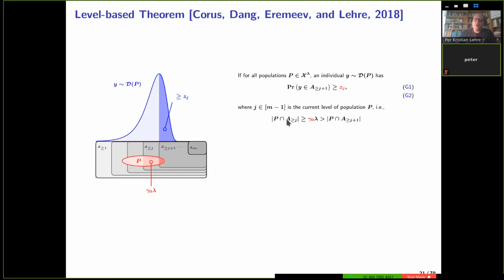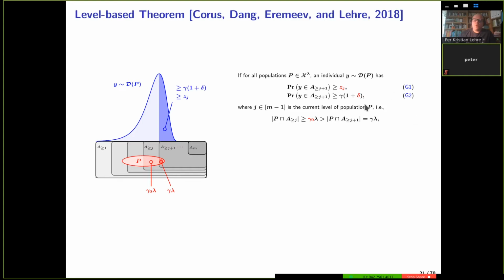Okay, so the conditions are G1: for any population P and some individual, if we sample an individual using our operator D, and the current level is J, then the probability that we sample something in the level above or better should be at least Zj. So Zj is now a parameter of the theorem that you have to find.